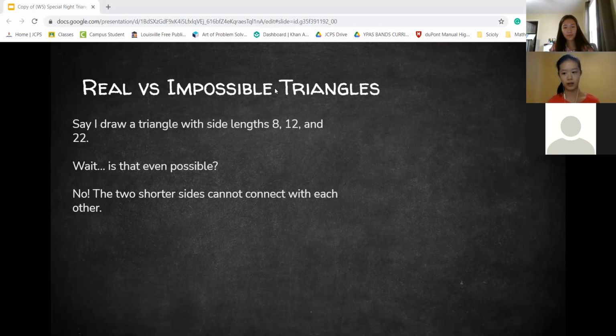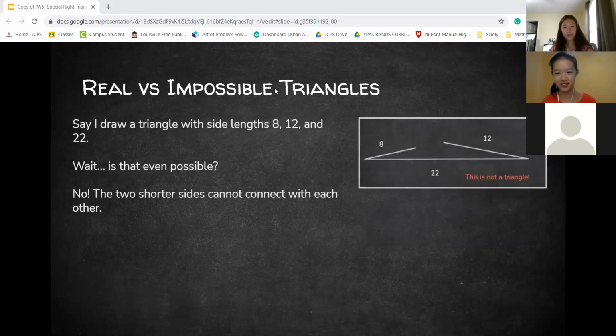Basically, the longest side has length 22, but the two shorter sides combined only have a length of 20. So if you try to bend these sides together, they're never going to connect. So it's not going to be able to form a triangle.